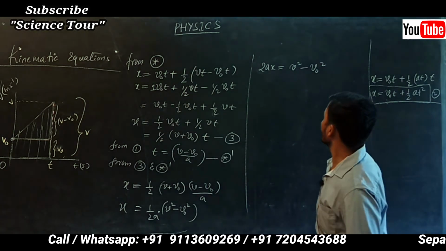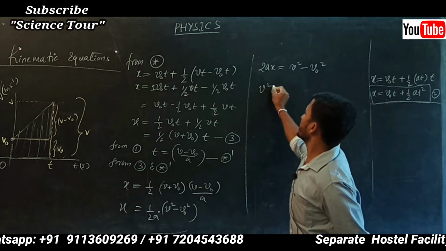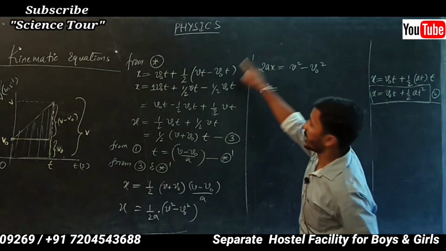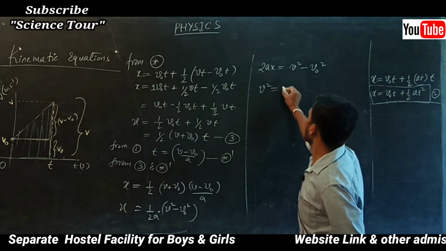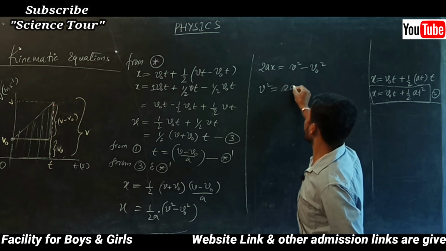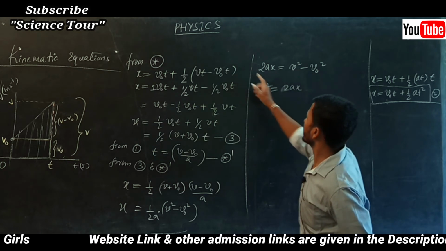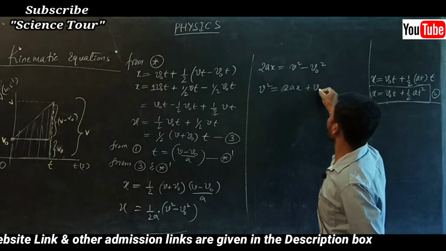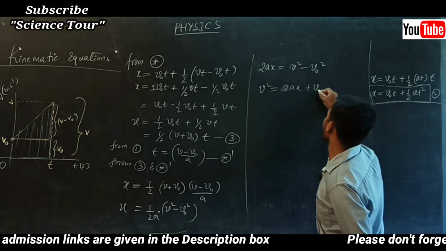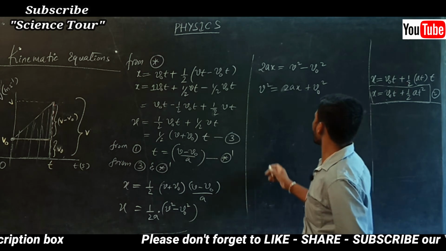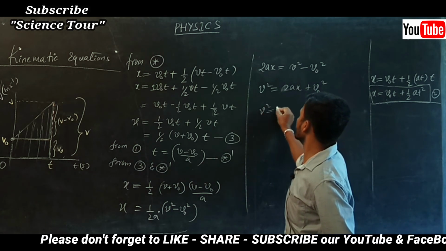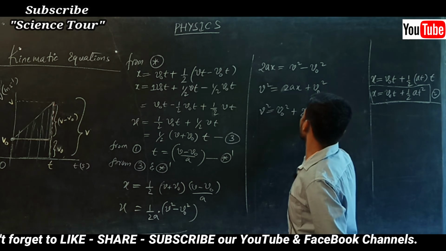So v square is equal to v naught square plus 2ax.